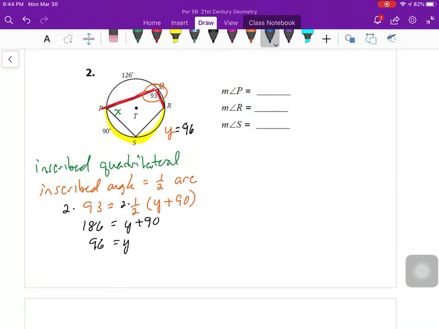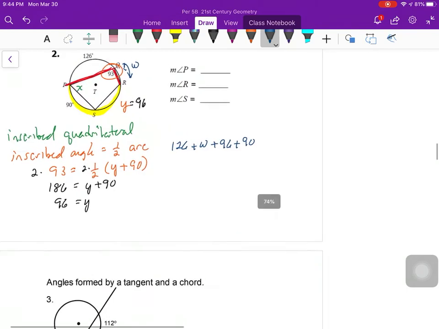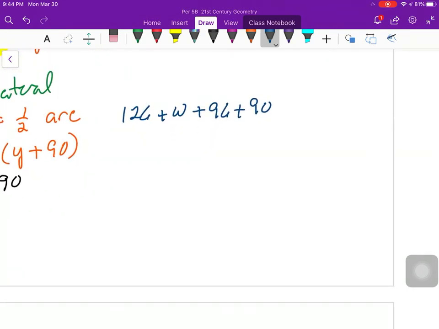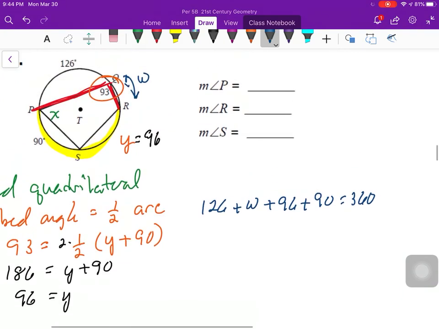Now that I know that, I could find the last arc. This arc right here, we'll call that W. If I take the 126 and I add the W and I add the 96 and I add the 90, 126 plus W plus 96 plus 90, that equals my full circle.